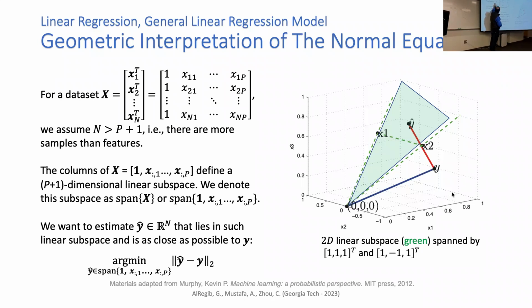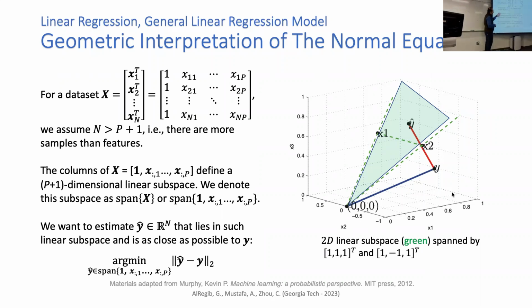So my capital X in here, the first row is sample 1 with a 1 concatenated at the very first. Second row is my second sample, and so on. We always have this assumption, and this has to do with the capacity of your model. The number of samples is larger than the number of features, right? If the other way around, then there is an issue with the model in that case. You don't have enough capacity to model the data, right?